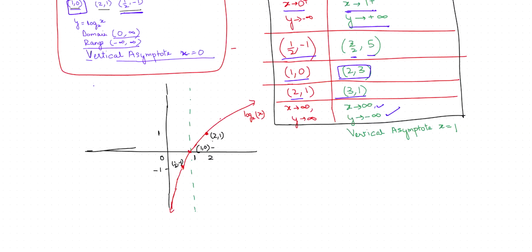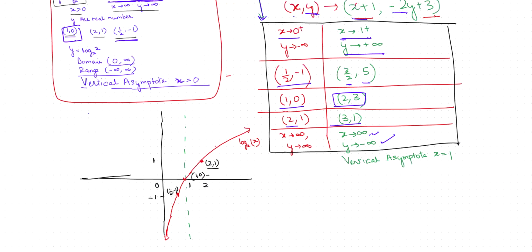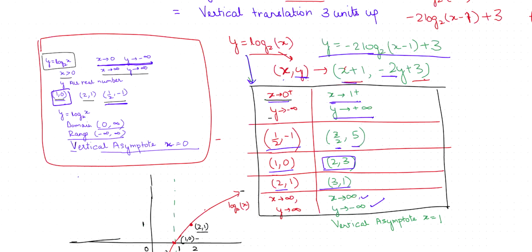And when x tends to 0 plus here, y tends to negative infinity shown here. And when x tends to infinity, y tends to infinity. Now let's draw the graph of the transformed function, this one.